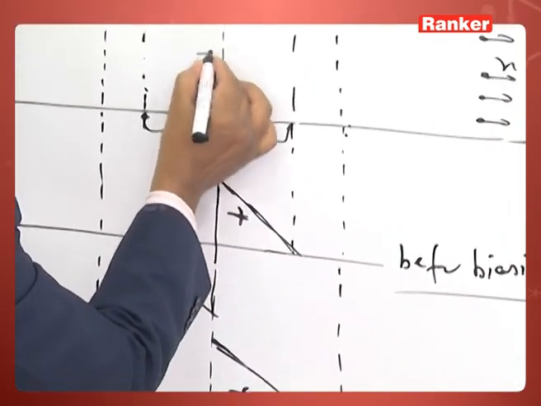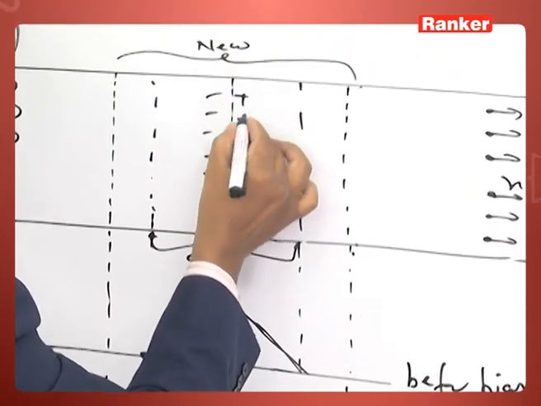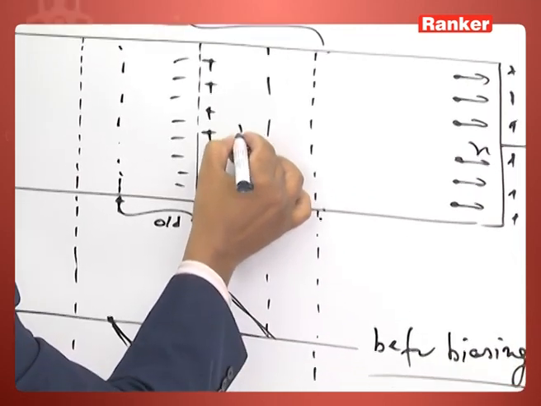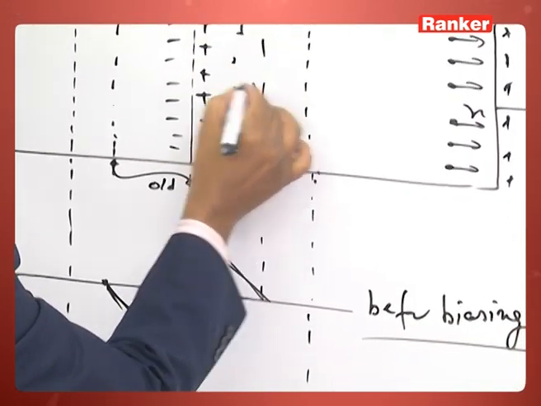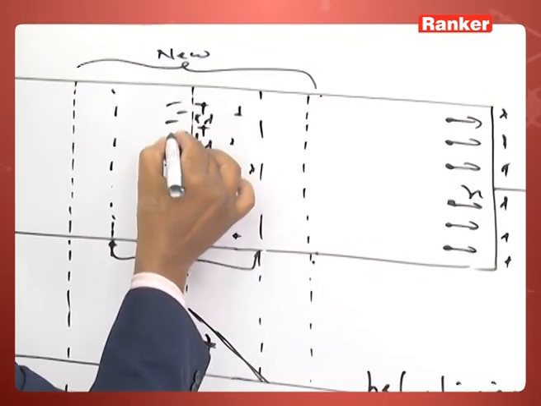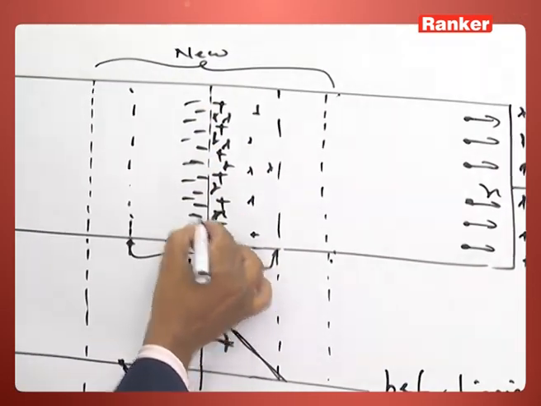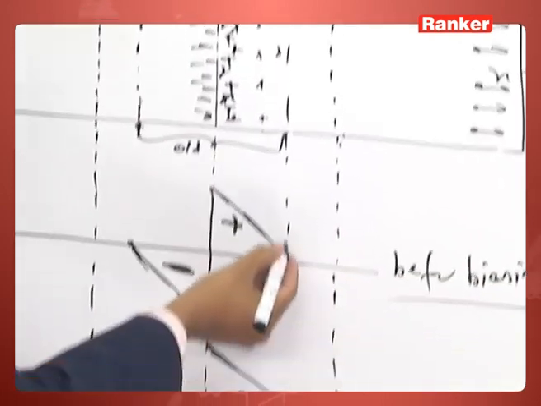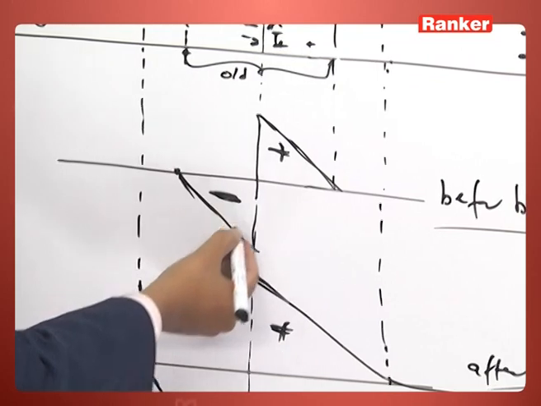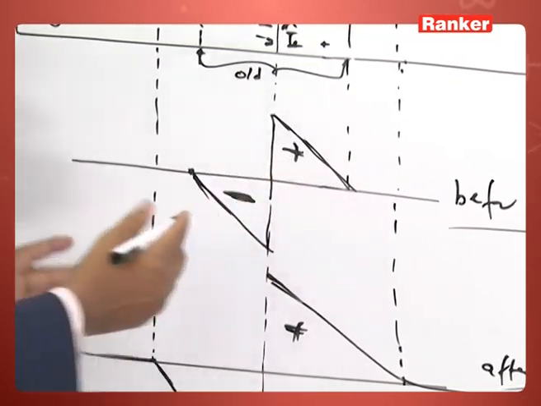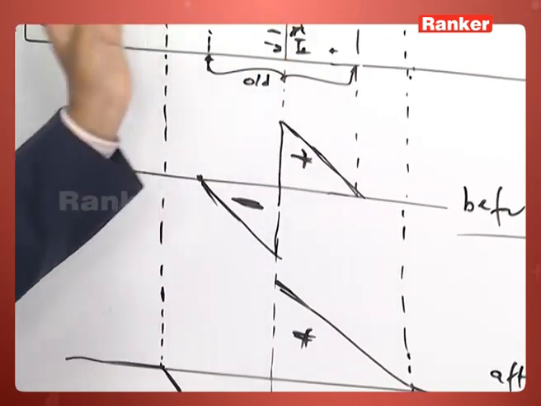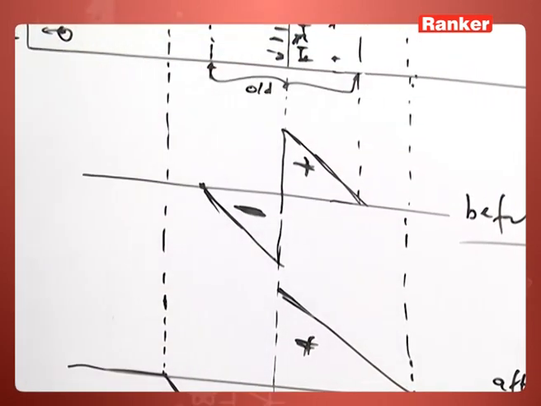So, more charge is here, more charge is here, negative, positive, and as I go away the charges are fewer, but at the junction there will be more and more charges. I am not saying that this is the actual graph, it may be sinusoidal, depending on the nature of the PN junction.